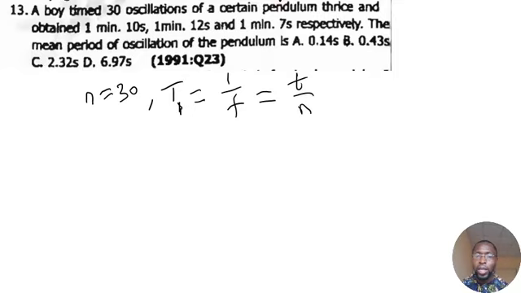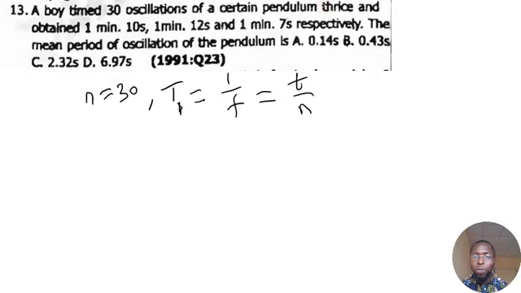Now the n there is the number of oscillations, while the t there is the time it takes to complete the oscillations. So take note of this, that for 30 oscillations, he got this time. Now, for us to get the average, the mean period also means average.